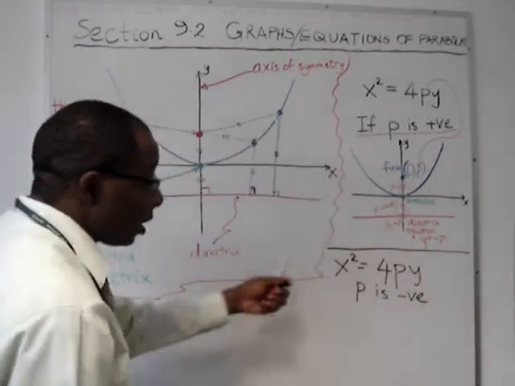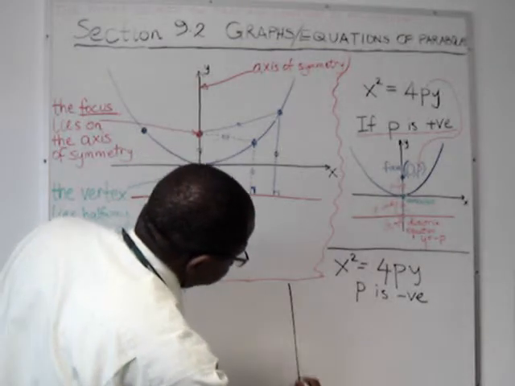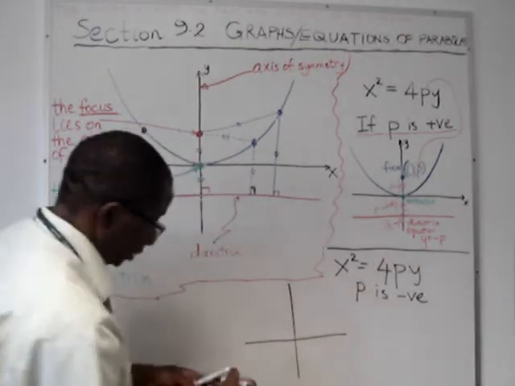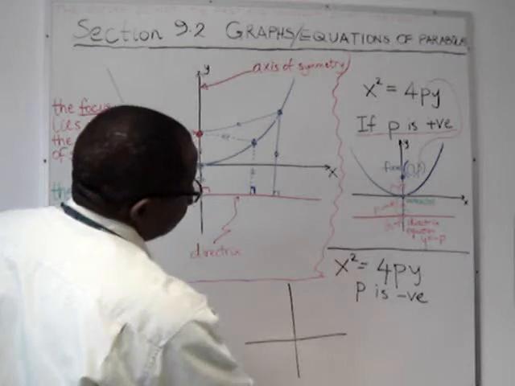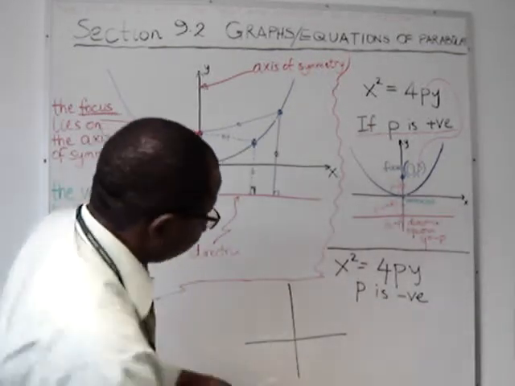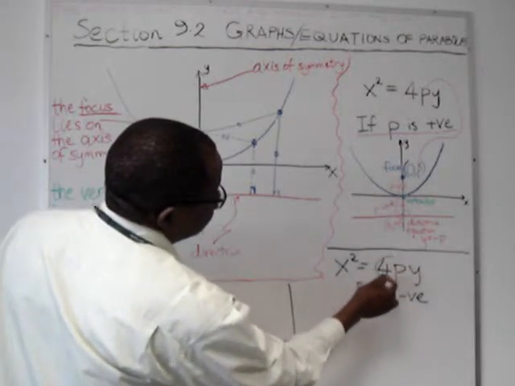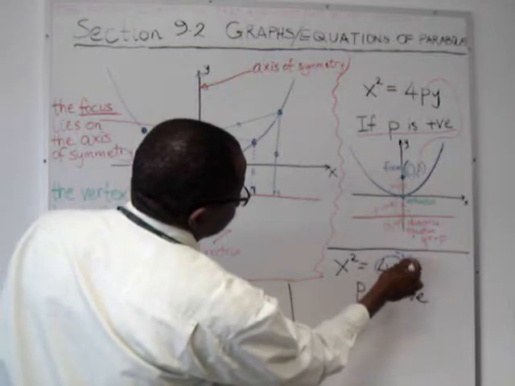Well, by now, Rachel, I hope you know that you should be able to draw the graph of this immediately. It's just a reflection downward, because p being negative means this term here is negative.